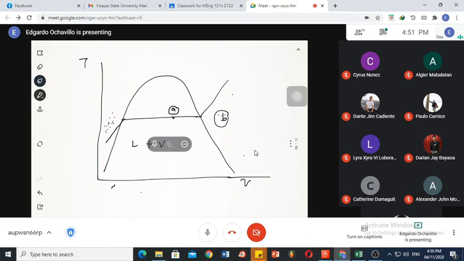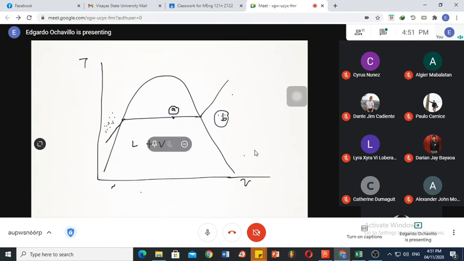You don't have to memorize them because they are given. If the state is saturated, you have only one property.